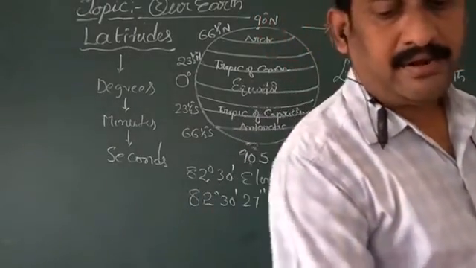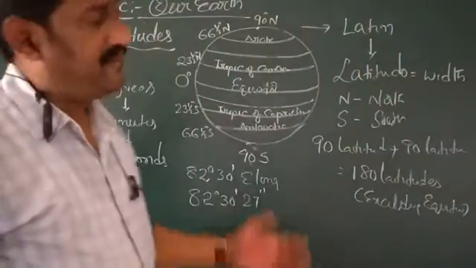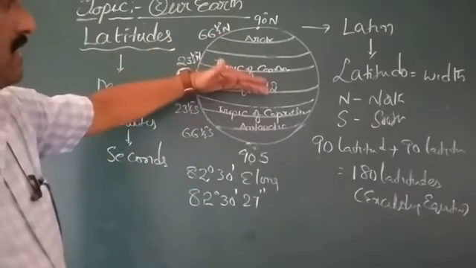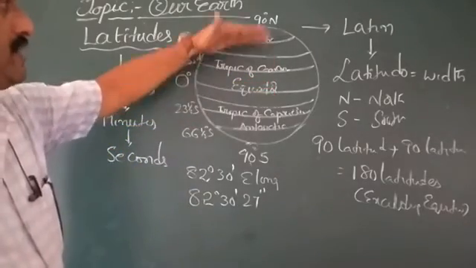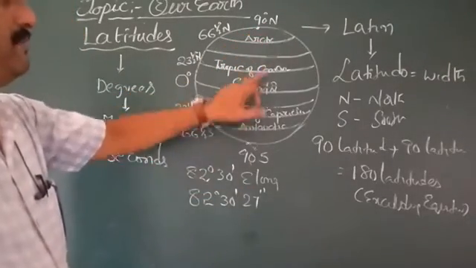Now, the half of the earth between the equator and the North Pole is called the northern hemisphere.